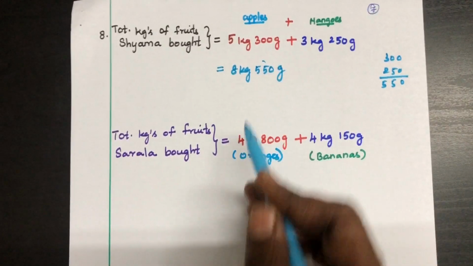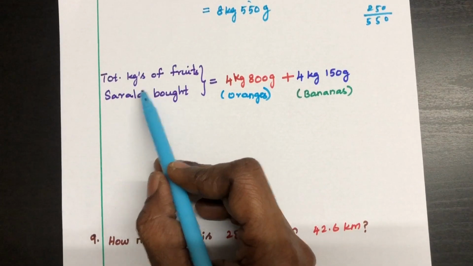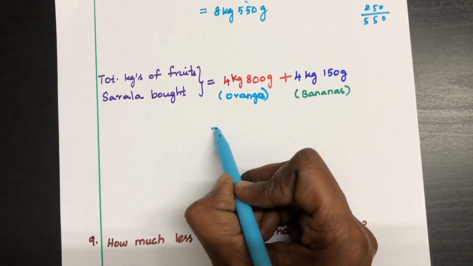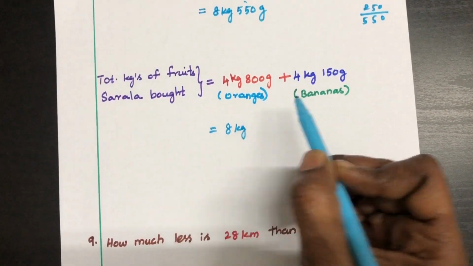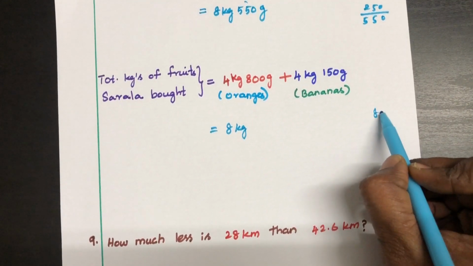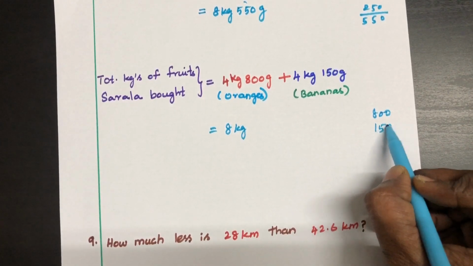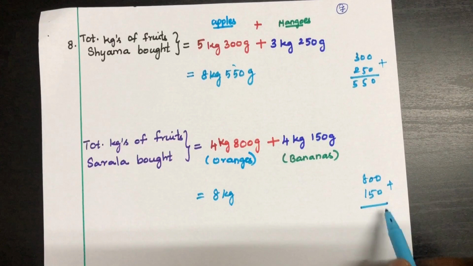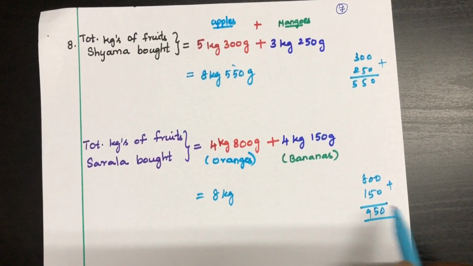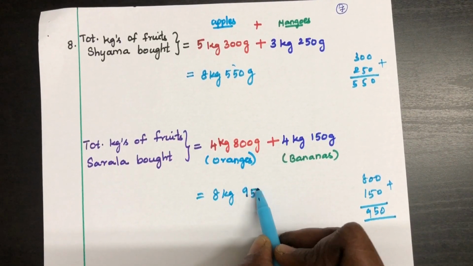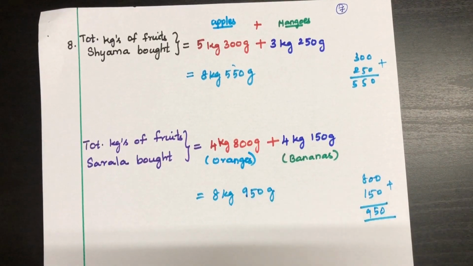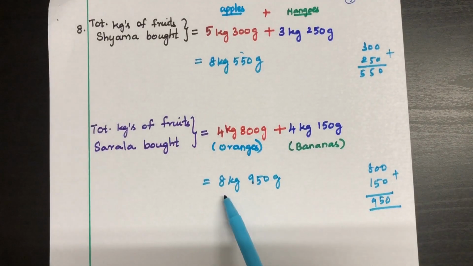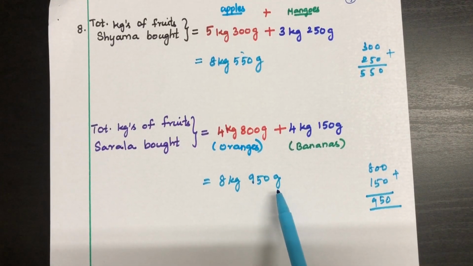550 grams. Now total kgs of fruits Sarala bought. 4 kg plus 4 kg is 8 kg. Grams 800 plus 150 is equal to 950 grams. 8 kg 550 gram and 8 kg 950 gram.